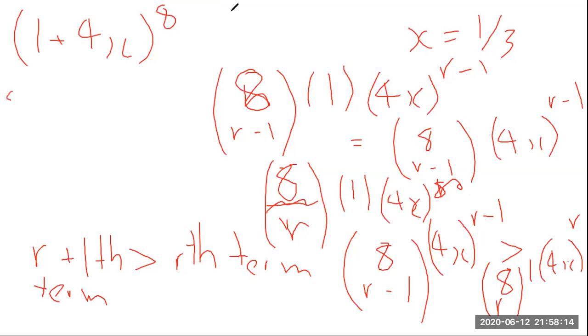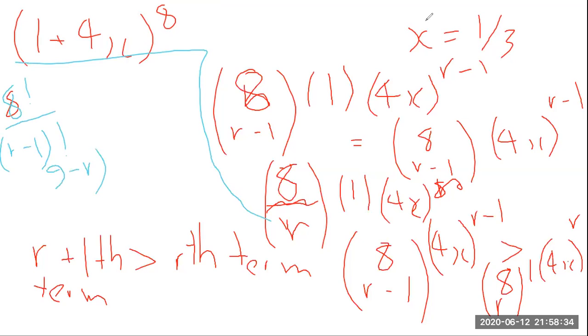If we expand that out, that is going to be 8 factorial over (r-1) factorial (9-r) factorial, (4x)^(r-1) is greater than 8 factorial over r factorial (8-r) factorial.